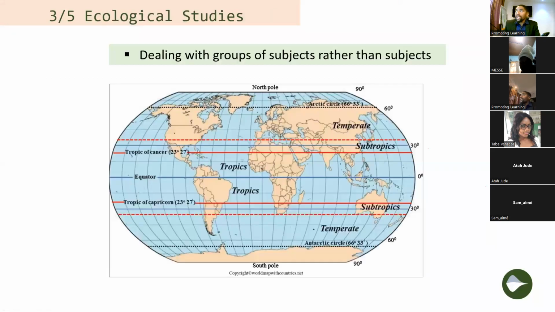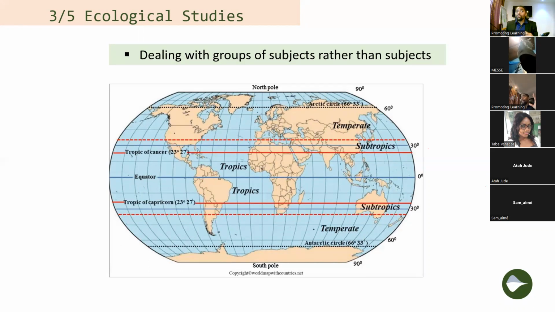So we have ecological studies. Ecological studies are studies where we are interested in groups of people. So instead of studying one person and building your data set with data from individuals, you build your data set with aggregate level data.